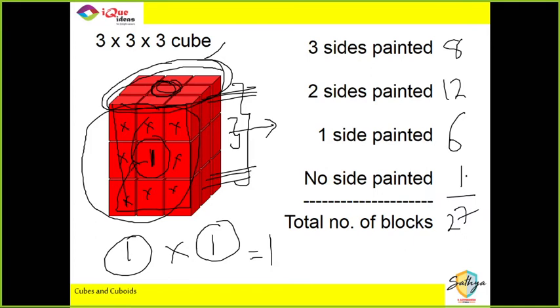If you did not understand it, what last row? Amanbir, inside the top and bottom row there will be no zero side painted piece. You've already counted all the pieces of the top and bottom row. There won't be any piece with zero sides painted in top and bottom. It's only in the middle and center that you will have unpainted blocks. Anything on the outside will always be painted.